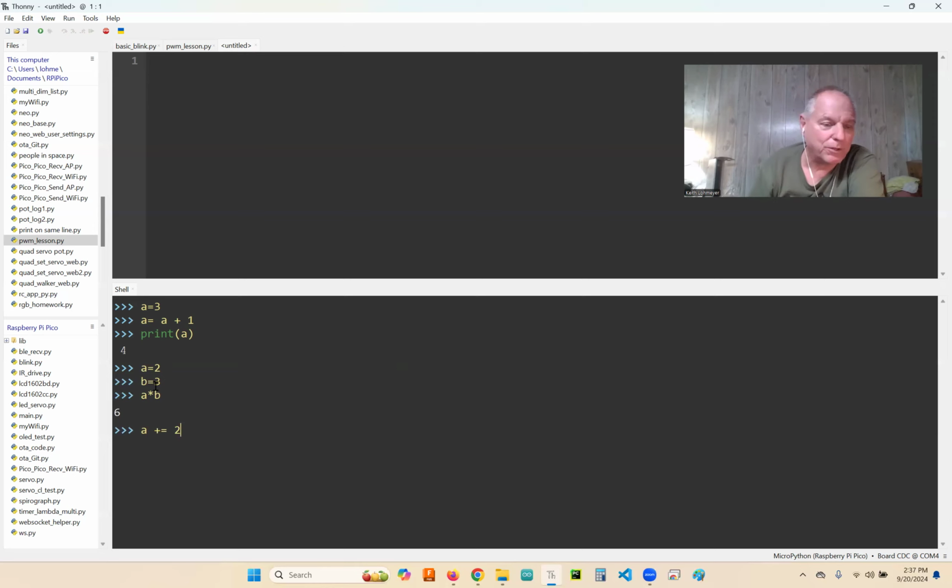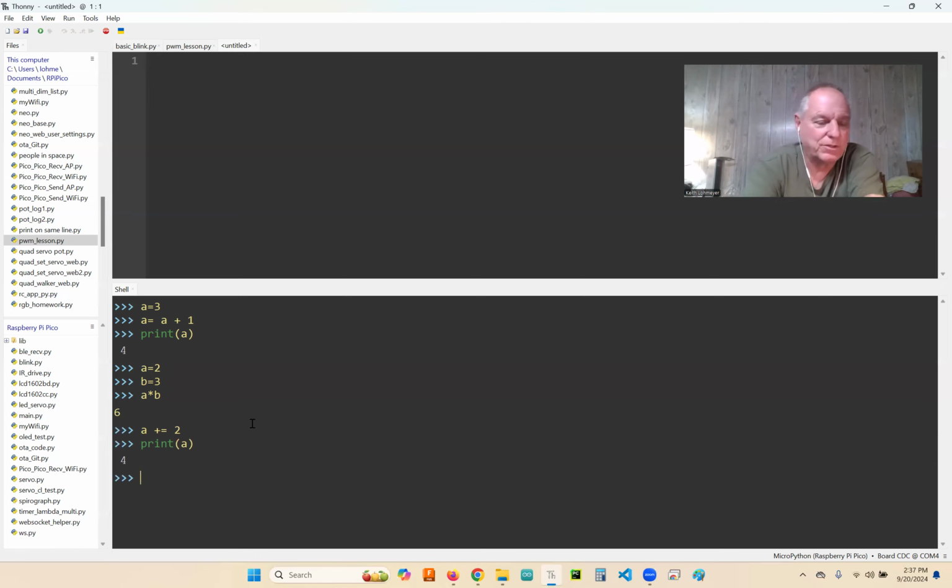Now, if you remember, a up here was equal to 2, the last thing we did, because it replaced whatever was above it. So now we're saying a is 2, and now we're doing plus equals. We should be able to add 2 to it, and then print a, and it'll come up 2 plus 2 is 4.